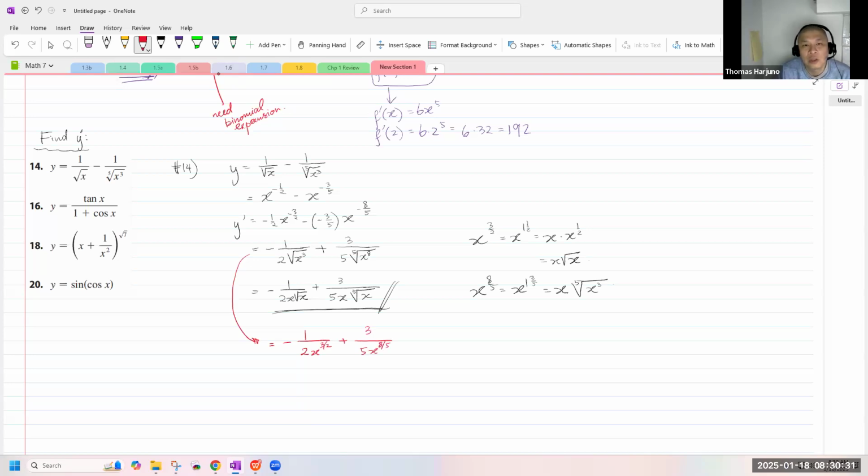Now we need to think about what is the LCD, not really LCD, something to do with common index, 3 half and 8 fifth. We have common 10, so that will be 15 over 10 and 16 over 10.